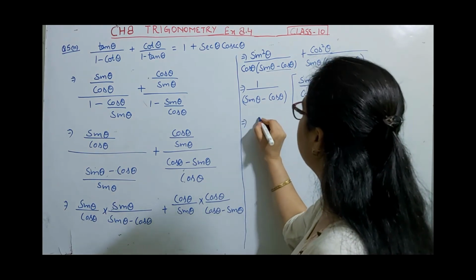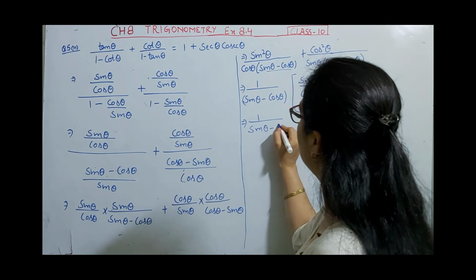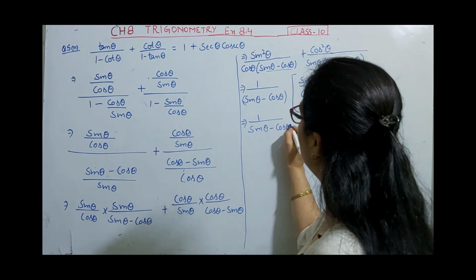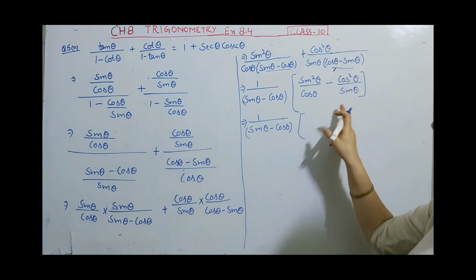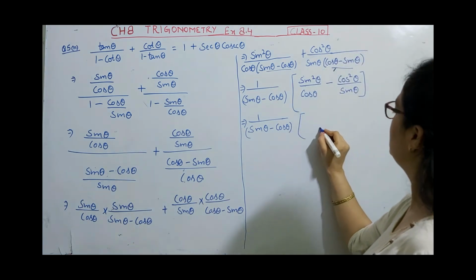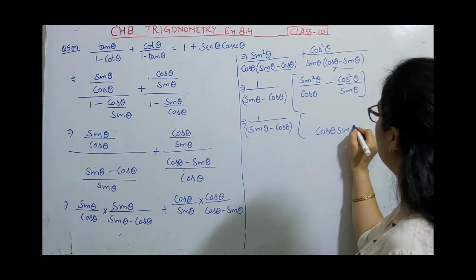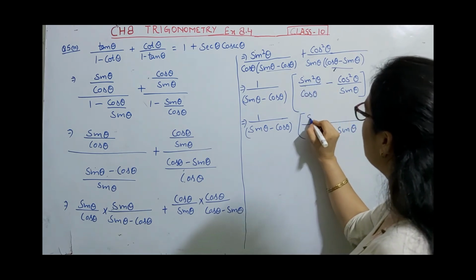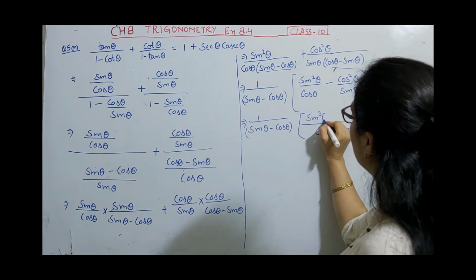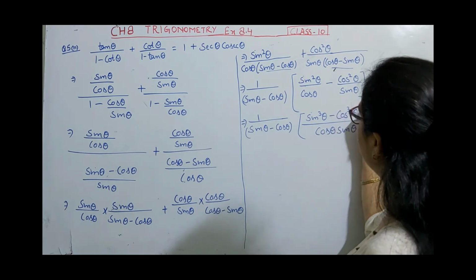In next step, write it as it is. Again take the LCM and it becomes sin theta cos theta. Now here sin cube theta minus cos cube theta.